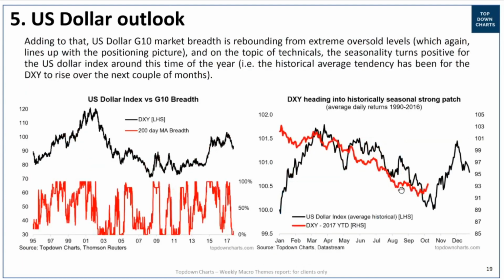So really just going for those points that I talked about at the start. This one is on the left, breadth. So this is breadth of the US dollar index against the G10 currencies, and you can see that it's 200-day moving average breadth, so percentage of those that are trading above their 200-day moving average, and you can see that it got to extreme oversold levels there. And most importantly, for an oversold signal, it turned up.